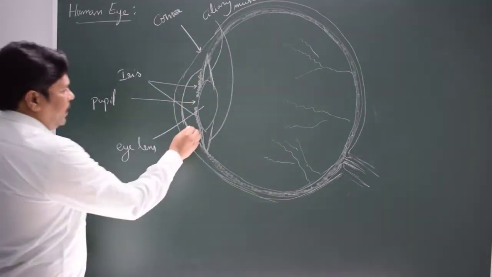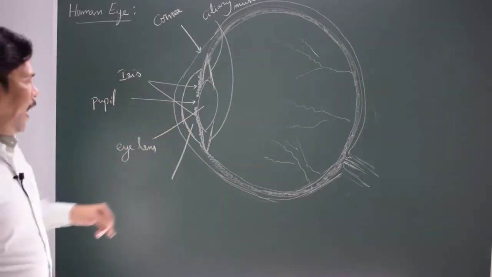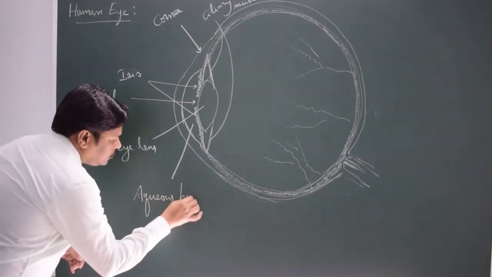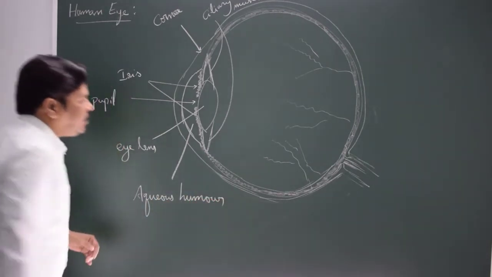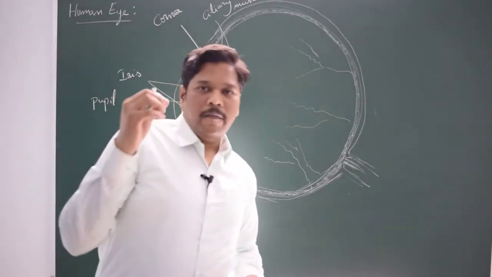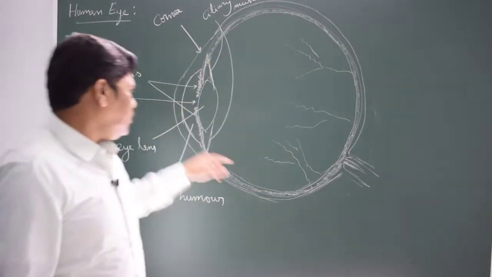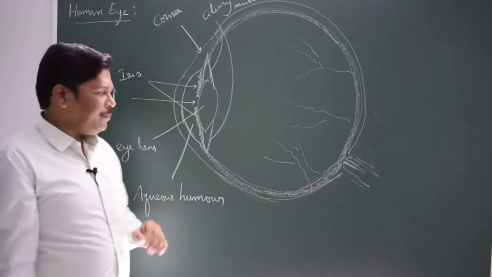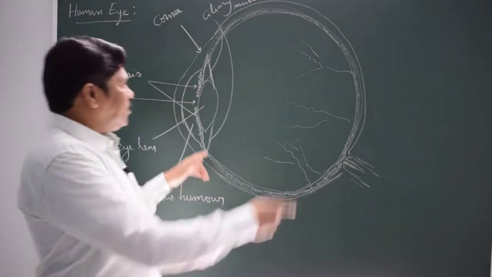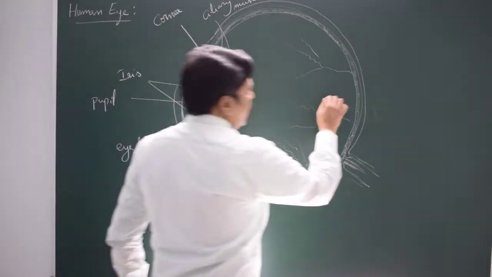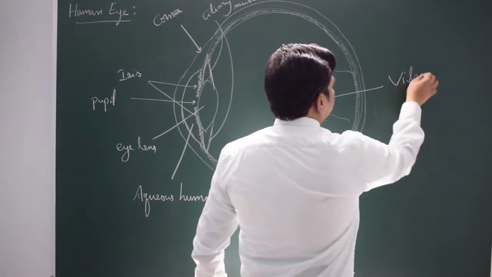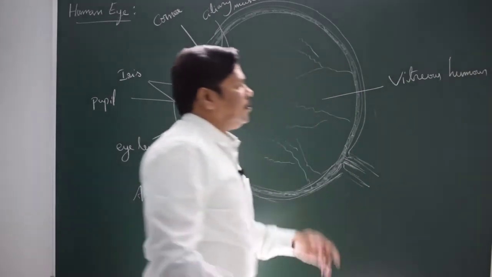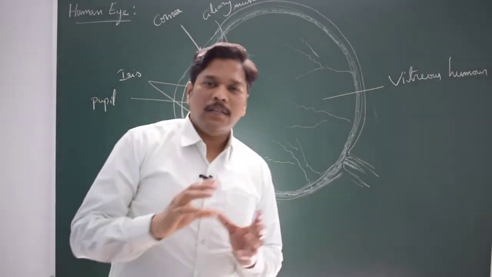Then we have the aqueous humor. This aqueous humor is a viscous liquid which is present between the eye lens and the cornea. Behind the eye lens in this eyeball, we have the vitreous humor, which is also a transparent jelly type of substance.